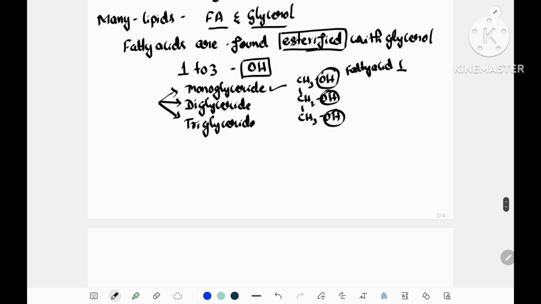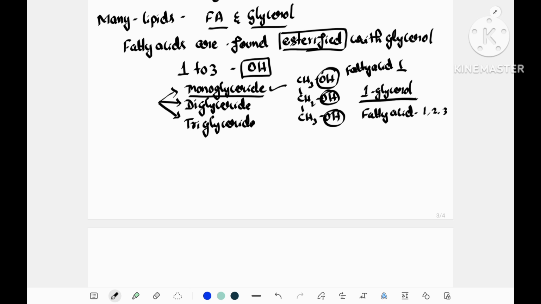And remember, this name is always given depending upon the number of fatty acids present with the glycerol, which means that in lipids which contain both fatty acids and glycerol, there is always one glycerol. This point is very important. And the number of fatty acids may be 1, 2 or 3, not more than 3, because there are only 3 OH groups.